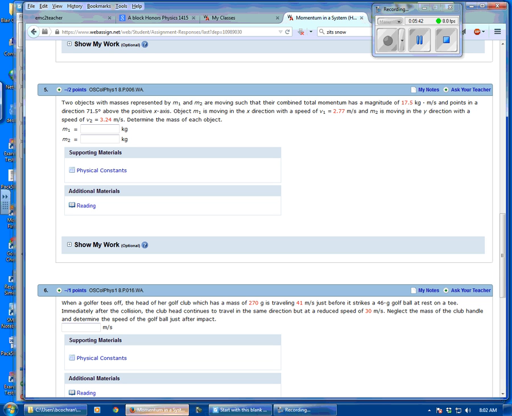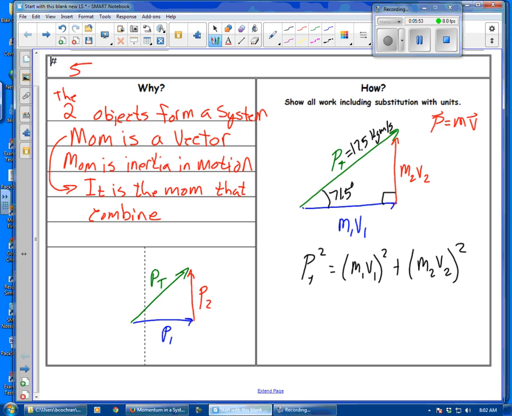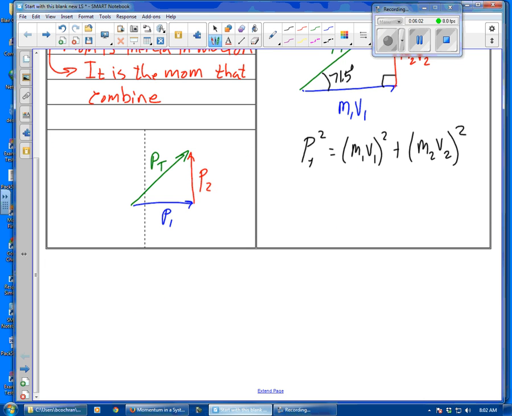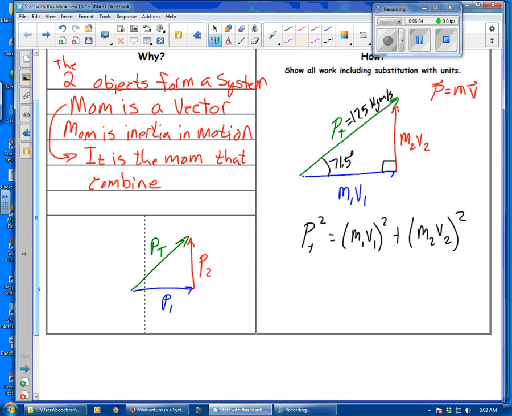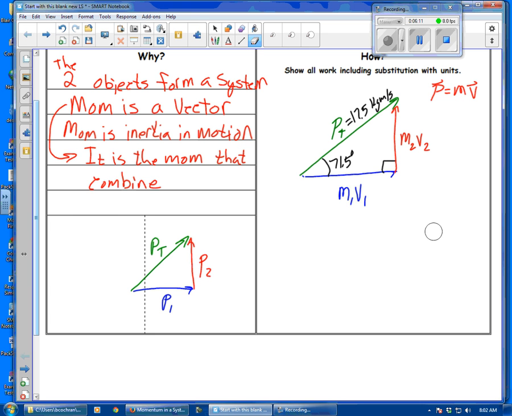And I know V1, the magnitude. I know V2. Determine the mass of each object. So I probably don't like that equation as much now that I actually read the problem a little bit more. So I think I'll get rid of this, that combines the two together. I'd rather deal with them separately.